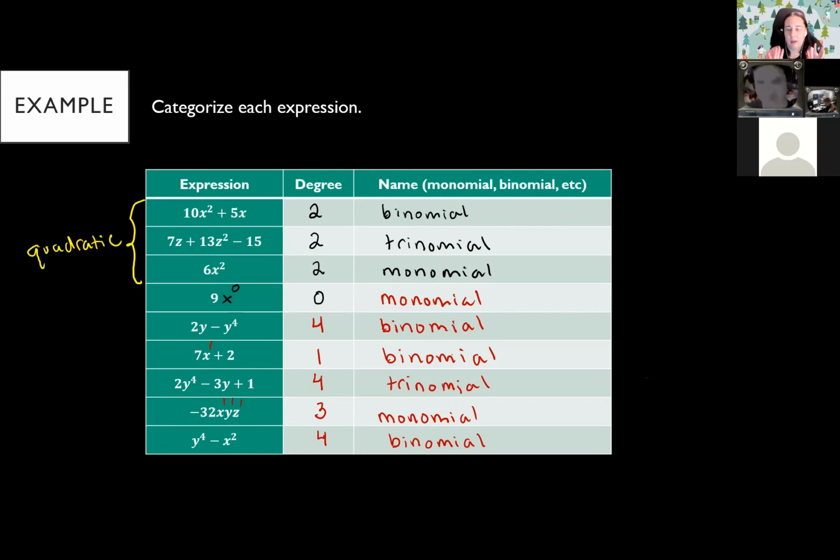So important to understand, especially when we get into factoring, because there are rules for factoring binomials and rules for factoring trinomials, and they're factored differently. And so you need to understand the difference so that you know what methods to use. So just wanted to make sure that everybody had a good understanding of the vocabulary here, because half the battle of algebra is the vocabulary.